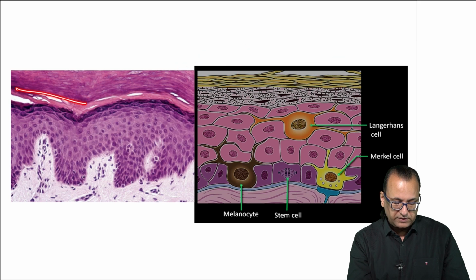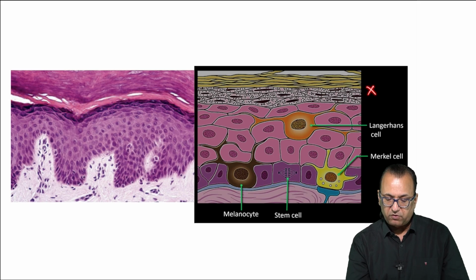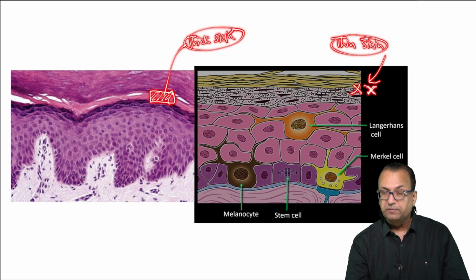Number 2, you can see stratum lucidum also, a thin homogeneous structure, as is evident here, but it is missing from this specimen. That means this is taken from thin skin like the back of the hand, and this is taken from thick skin, maybe the palm or sole, because the second layer is evident here and missing there.